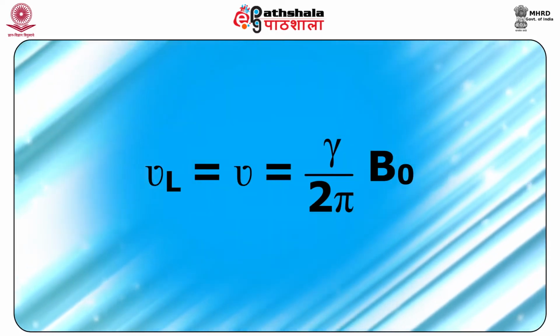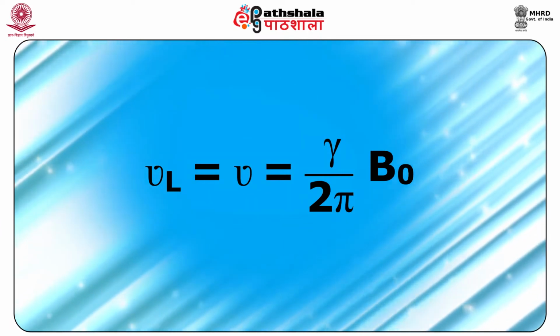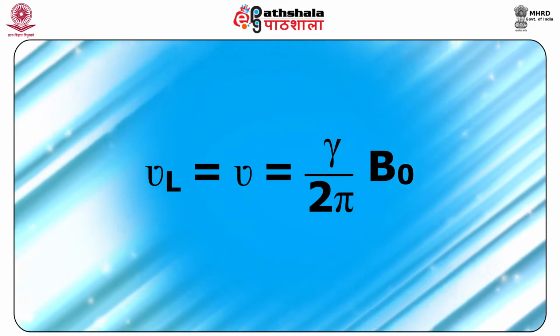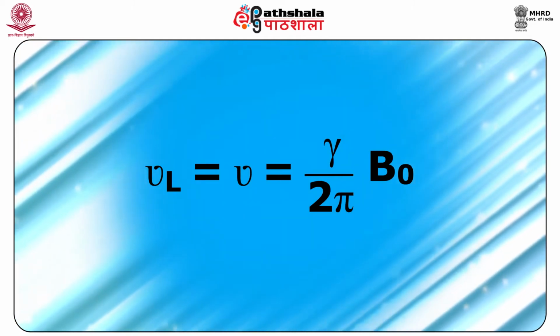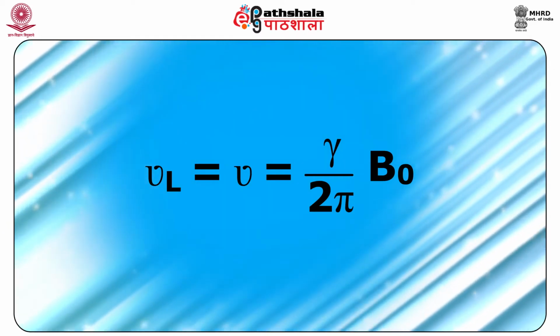Hence, the basic NMR relationship can be written: nu L, which is the precessional frequency, when it coincides or resonates with the frequency applied, is equal to nu is equal to gamma divided by 2 pi into B naught. It is important to note here, students, that the energy difference between the two energy states is very small even with a large externally applied magnetic field.